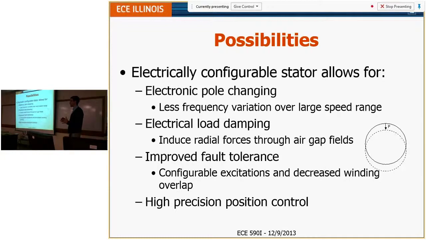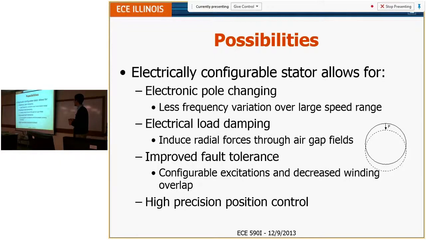So that allows you to minimize how much your frequency from your inverter is varying. That can help in optimization purposes, because it's very difficult to optimize a design over a wide operation range. But if you minimize it, you can create a better design.